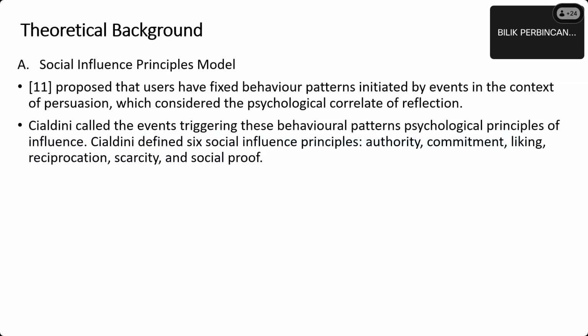This model was introduced by Cialdini. Cialdini called the events triggering these behavioral patterns psychological principles of influence. Cialdini also defines 6 social influence principles: authority, commitment, liking, reciprocation, scarcity, and also social proof.